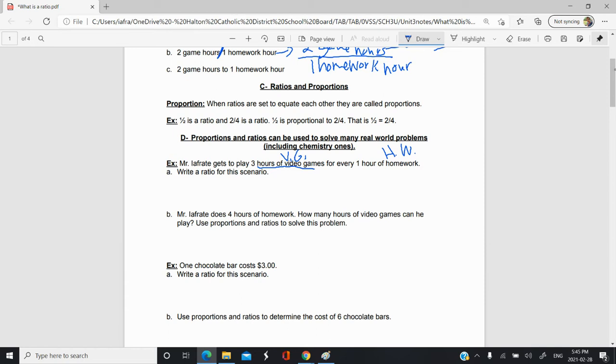I'm going to say that I get 3 video game hours for every one homework hour. I could have also written it like this: 3 VG, 3 video game hours for every one homework hour.